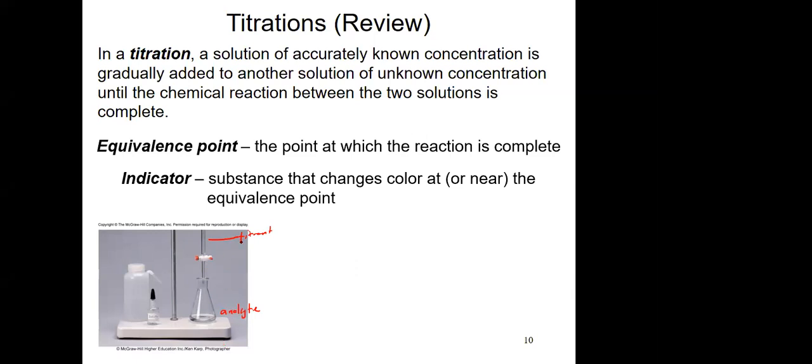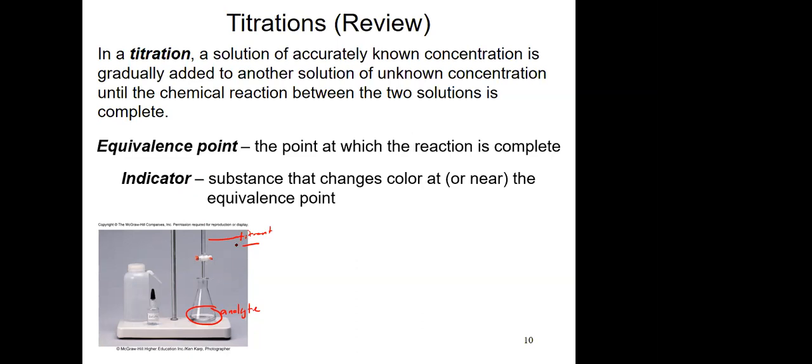The idea there is you're going to determine the concentration of the analyte by adding the titrant. So a solution of accurately known concentration, the titrant, is gradually added to another solution of unknown concentration until the chemical reaction between the two solutions is complete.